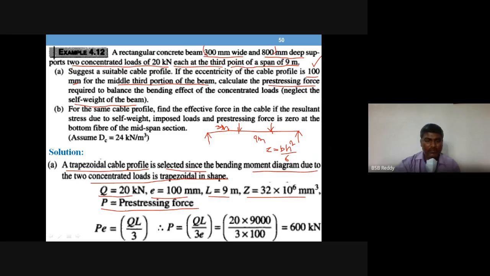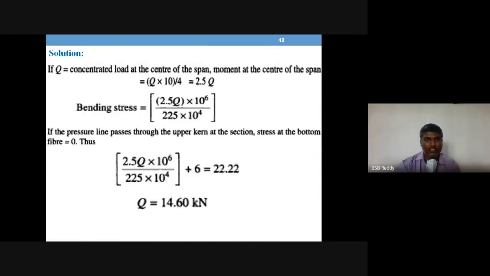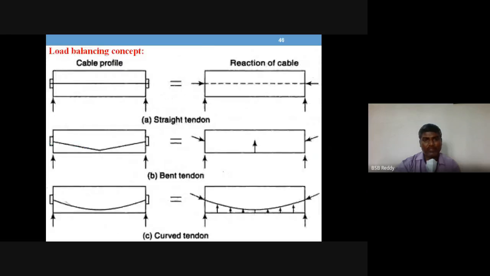To balance the bending moment developed from the load, the moment generated from the pre-stressing force is P into e. We have seen this when we talked about the load balancing concept.